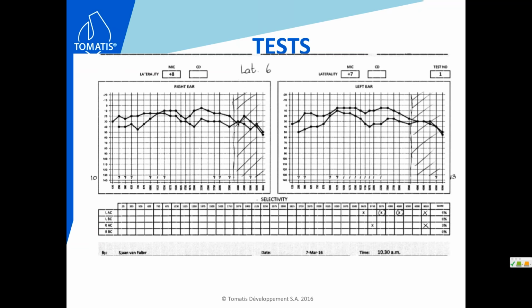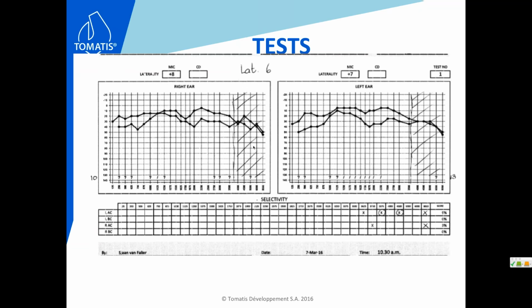Once you find more or less the sound that resembles their tinnitus, and you'll never get exactly the same as the tinnitus, you're going to try to measure the intensity of the tinnitus. So let's say that he says that on 4,000 the sound resembles his tinnitus. So now we're going to increase progressively until the person tells us that his tinnitus and your sound are more or less at the same intensity.